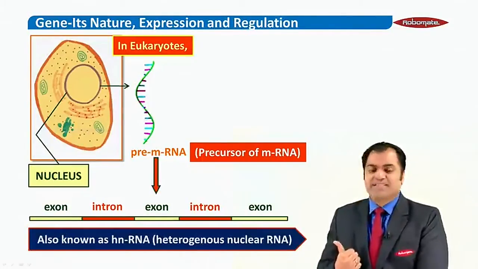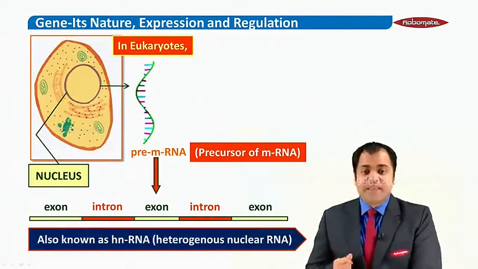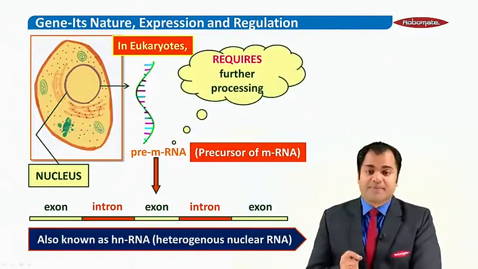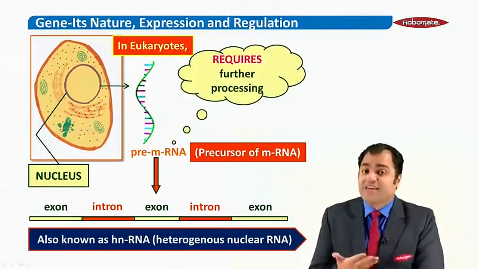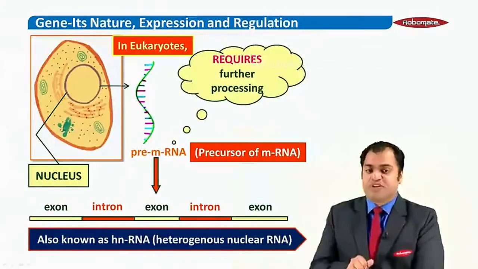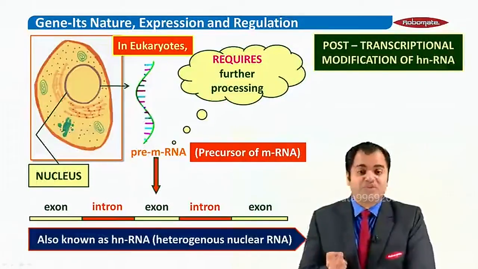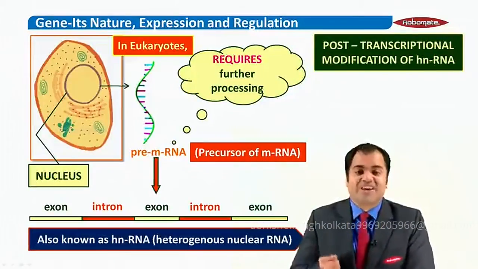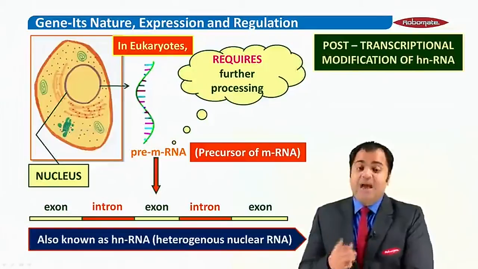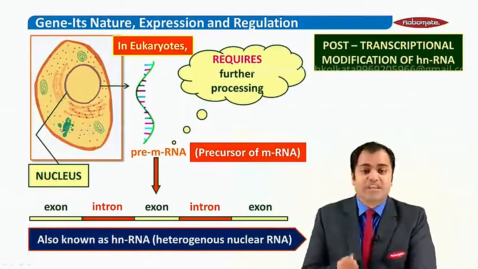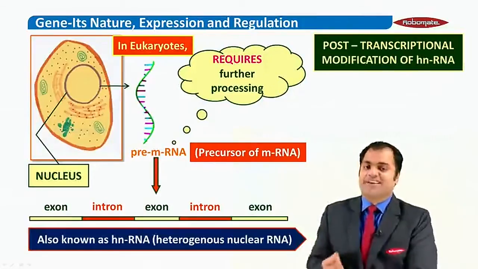Now, this requires some processing. Is that okay? So the pre-mRNA definitely requires further processing. And because I'm processing it after the process of transcription, I call this processing post-transcriptional modification of hnRNA. I will show you in the next module how this post-transcriptional modification of hnRNA takes place.